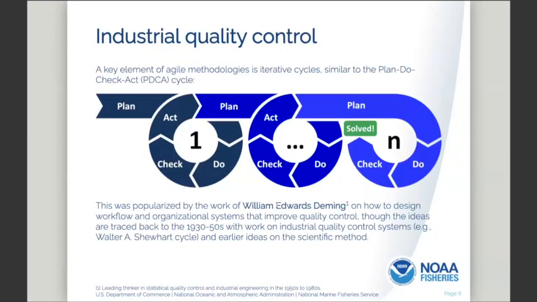And the really big impetus was thinking that was happening in industrial design. William Edwards Deming was someone who worked in statistical quality control, and he was a really major thinker in the 1950s through the 1980s of how we need to change the systems by which manufacturing occurs to enable higher quality control.